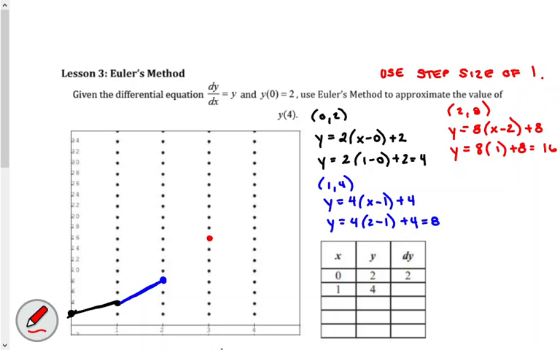So here we are at (3, 16). And then we make one more. At (3, 16), our new point, y equals 16 times (x minus 3) plus 16.